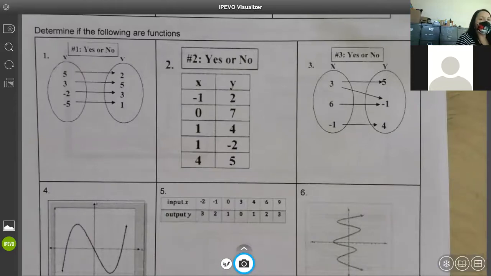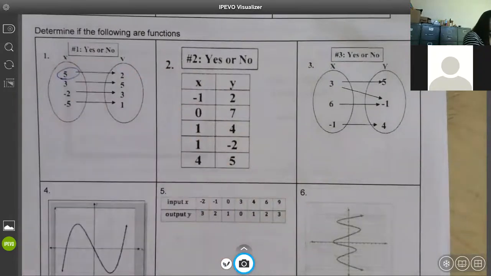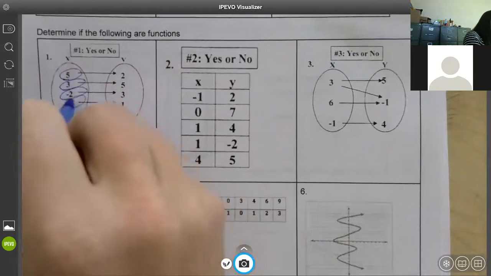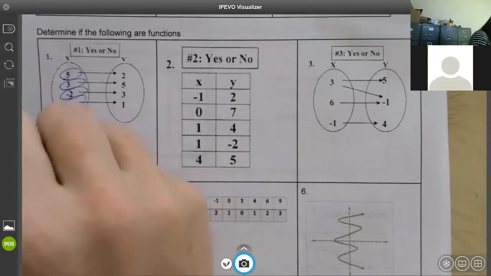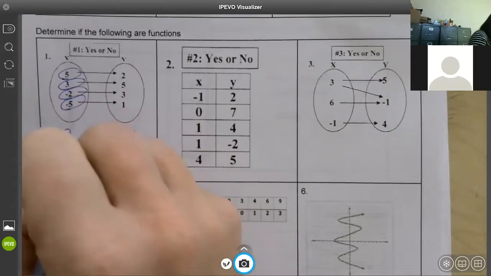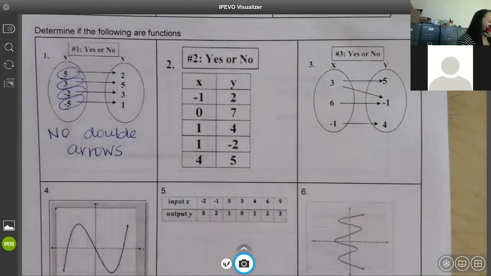So remember, when we're doing a mapping, we're looking for arrows. There's one arrow with 5, one with 3, one with 2, and one with -5. So I'm going to say there's no double arrows. Again, on your homework or test, you don't have to write that.